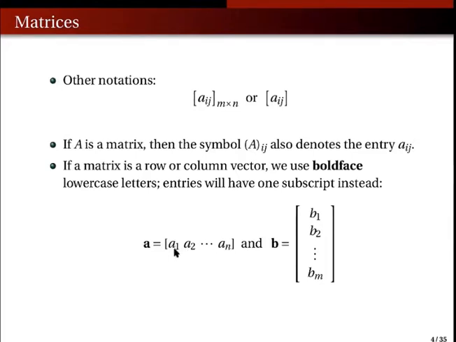So only one subscript because there's only one row anyway, so you are just looking at which entry in the row. Similarly here, you have a column vector, so we use boldface small letter b, and the entries are b1, b2, until bm. Same explanation, we only use one subscript because it only tells you which entry in the column. So we have those notations.